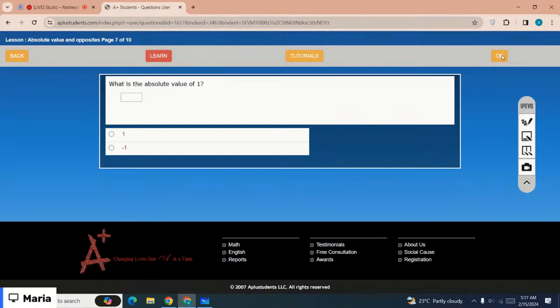What is the absolute value of 1, which is the correct option? Absolute value of 1 is 1, right? 1 is already positive. So a positive value has a positive absolute value. 1 it is.